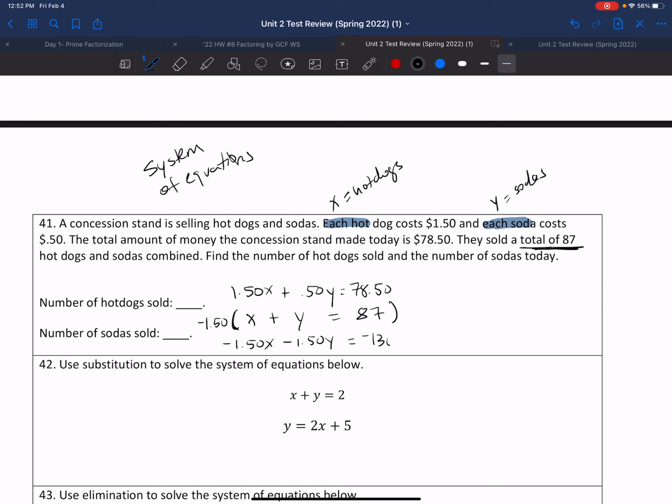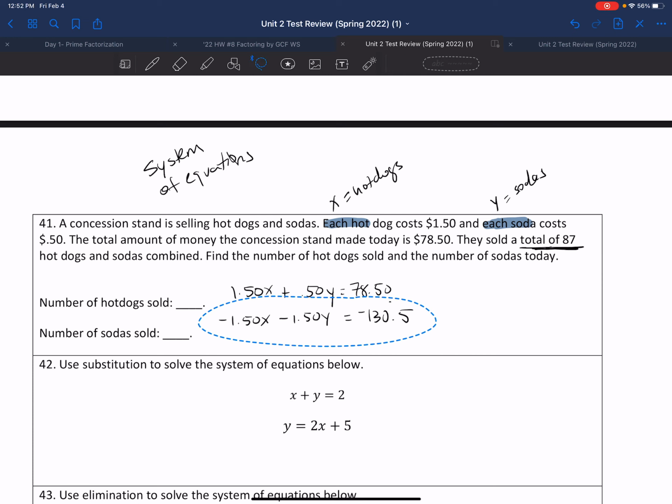I'm losing it. Okay. So now that I have that, I can say goodbye to this. And now I can go ahead and eliminate this, right? Because now we're going to add vertically.